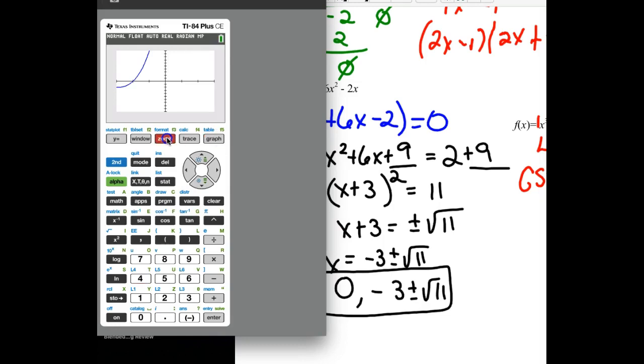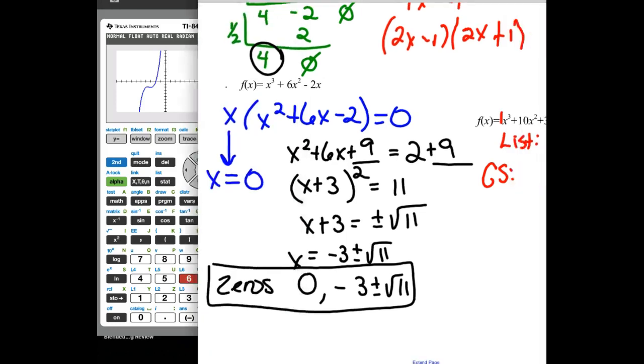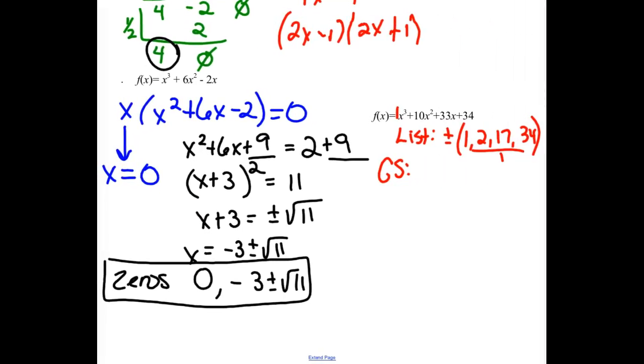All right, I'm going to do zoom 6, put it back to a normal window. What are we seeing? It's a pretty typical cubic looking graph, right? It looks like it's crossing the x-axis at negative 2. Is negative 2 one of the numbers on my list? Yes? Okay. So we're going to use a negative 2. We're going to prove that and see where that gets us.